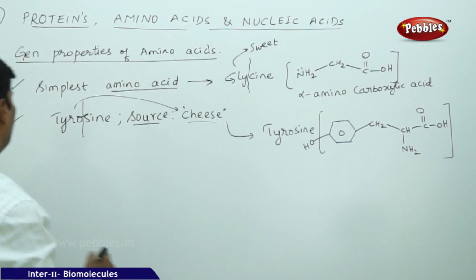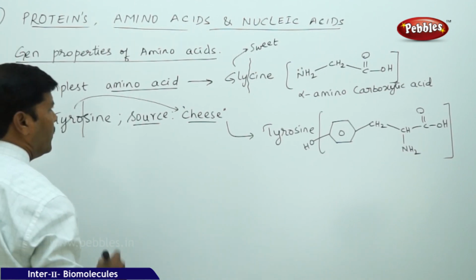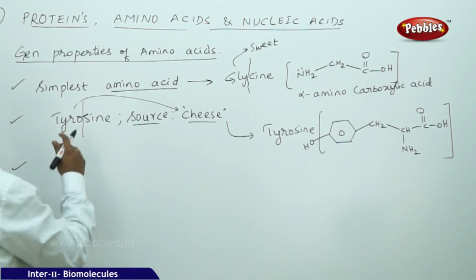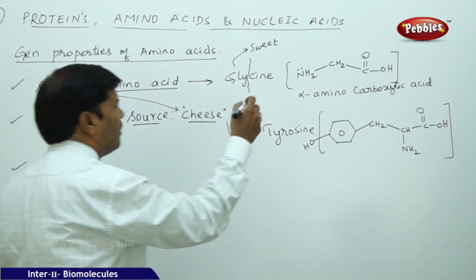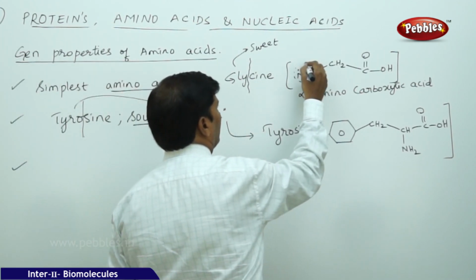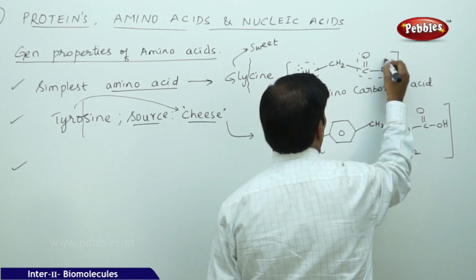As a matter of fact, amino acids are characterized by containing both the NH2 group as well as the carboxylic group.